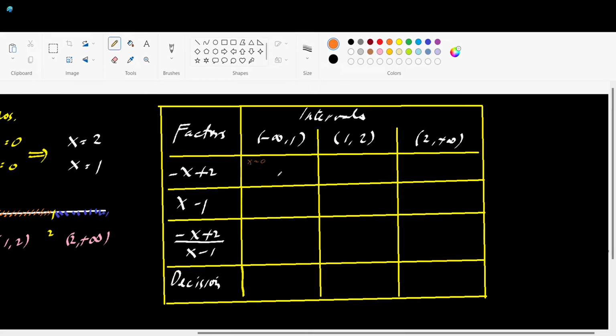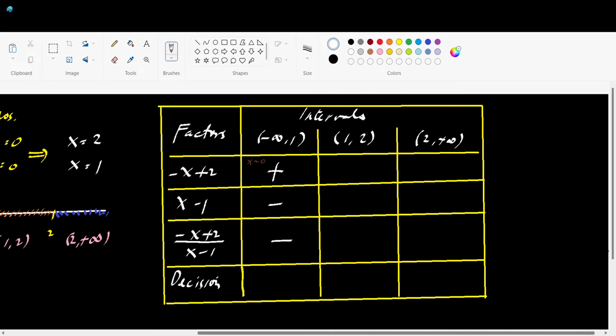What we are going to input in the table is simply the sign. What will be the sign of the factor if we replace x with 0? Negative 0 plus 2 will be positive. How about x minus 1? When you replace x by 0, 0 minus 1 is negative. Then negative x plus 2 is positive over x minus 1, which is negative. Positive over negative, as we all know, is negative.